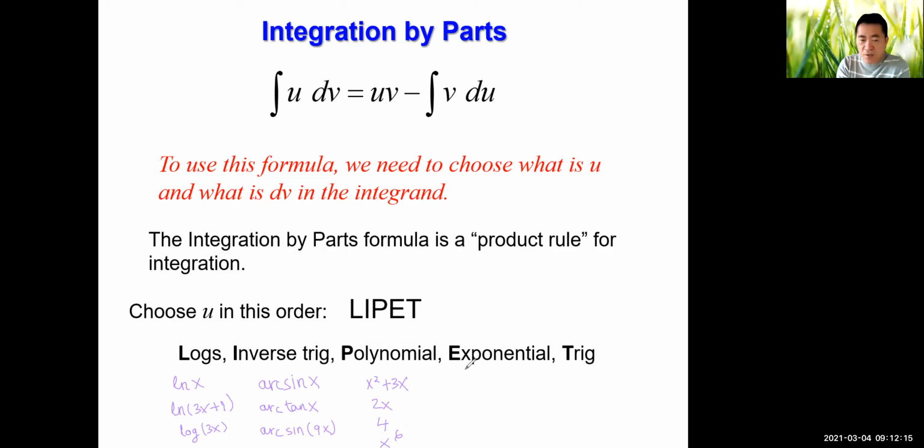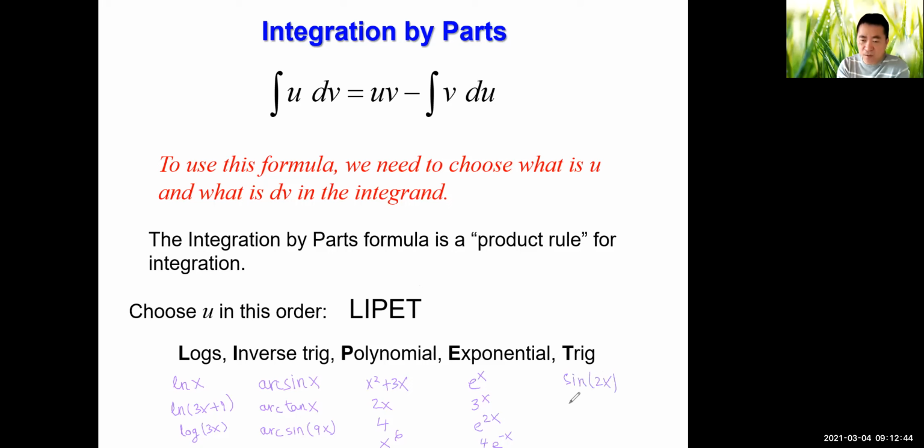And for the exponential functions, you often encounter e to the x, right? Or you may have 3 to the x, or e to the 2x, or even sometimes you can have 4e to the negative x, right? So those are exponential functions. Now, trig, you're going to see most likely the sine and cosine.